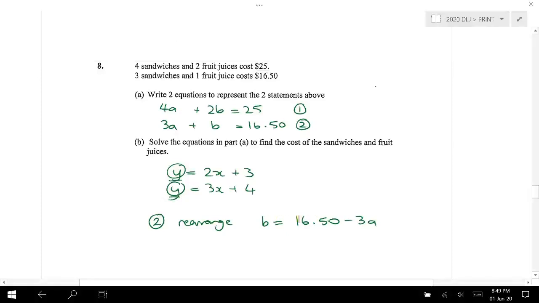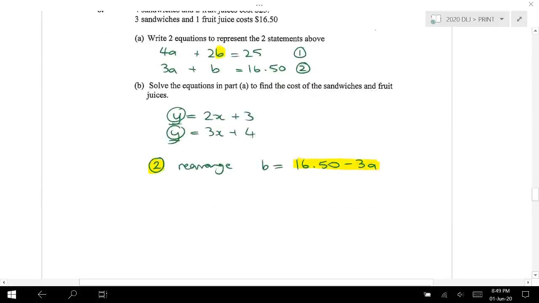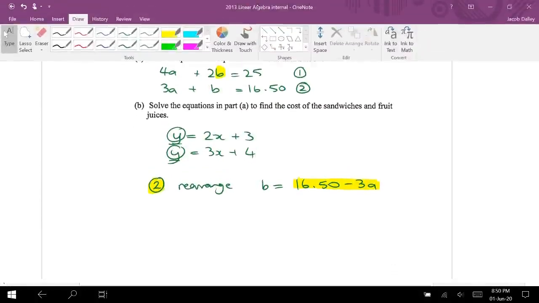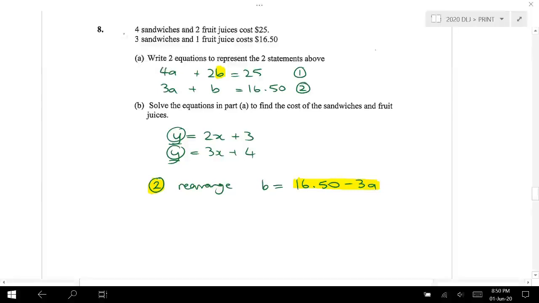So I'm going to take my equation for b in equation 2, and I'm going to substitute it into equation 1 where there's a b there. So b is equal to 1650 minus 3a, so I'm going to take that and drop it in there, and that's called substitution.